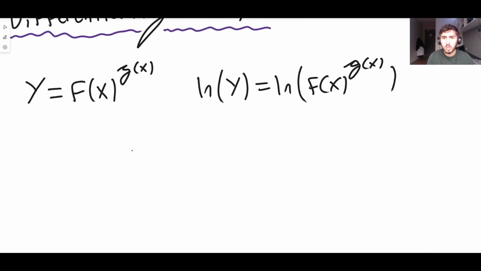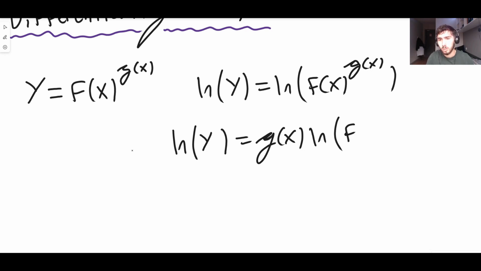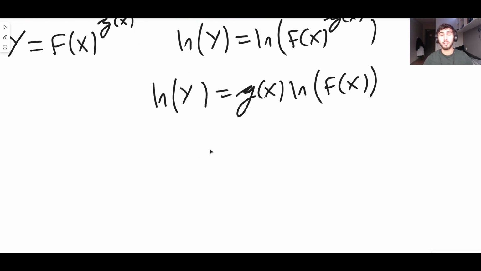Beautiful. Then we can use logarithm rules. This is why logarithms do rule indeed, to bring the g of x down, and we get g of x multiplied by the natural log of f of x. So we just bring down the power from that logarithm. Amazing. There's no more situation now where something is in the power. There's no more powers. Amazing.